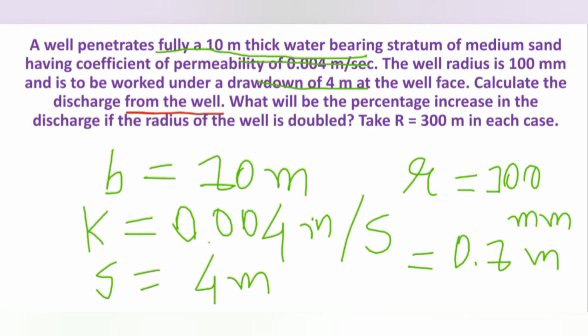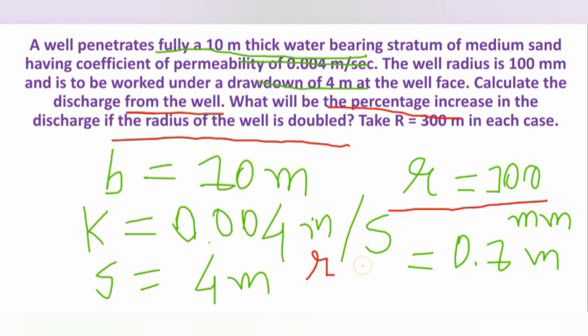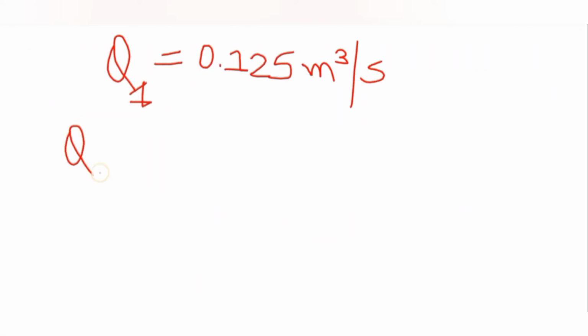The next question is, what will be the percentage increase in the discharge if the radius of the well is doubled? We know that the radius of the well is 100 mm. Now the radius of the well is doubled, that is, r will be equal to 200 mm, which is equal to 0.2 meter. Again we'll find out the discharge when r is 200 mm. So this is Q1 and now we are finding Q2.